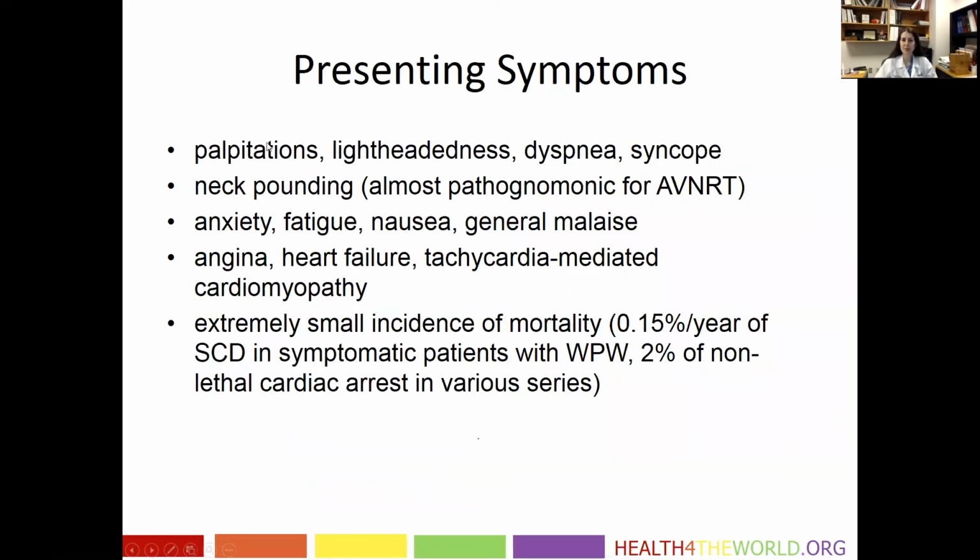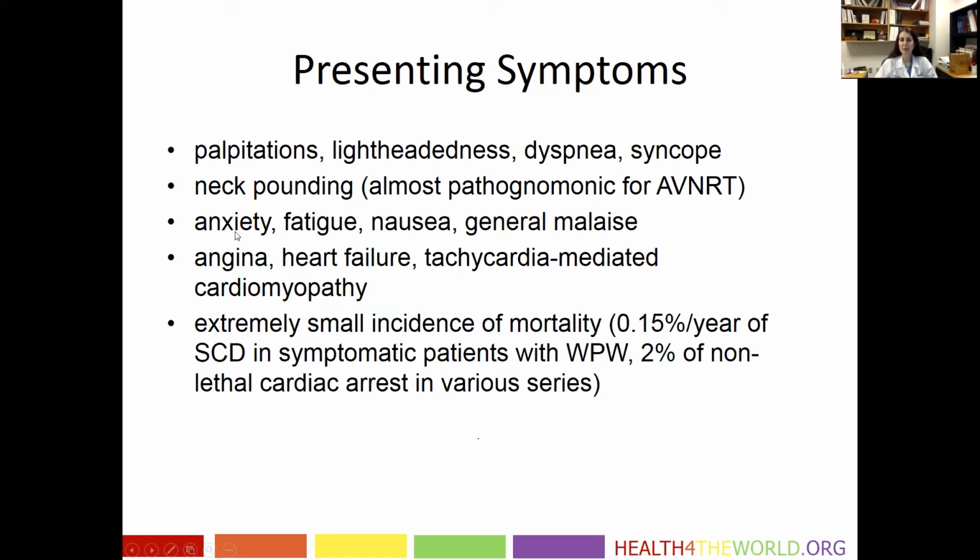The presenting symptoms: palpitations, lightheadedness, dyspnea, and these symptoms now account for all the SVT cases. Syncope, rarely, but if the heart rate is 250 beats per minute, it can happen. Neck pounding, as we discussed, is pathognomonic for AVNRT.